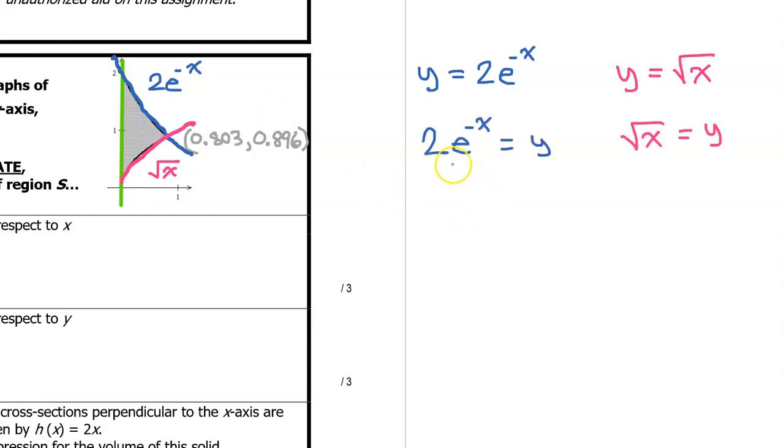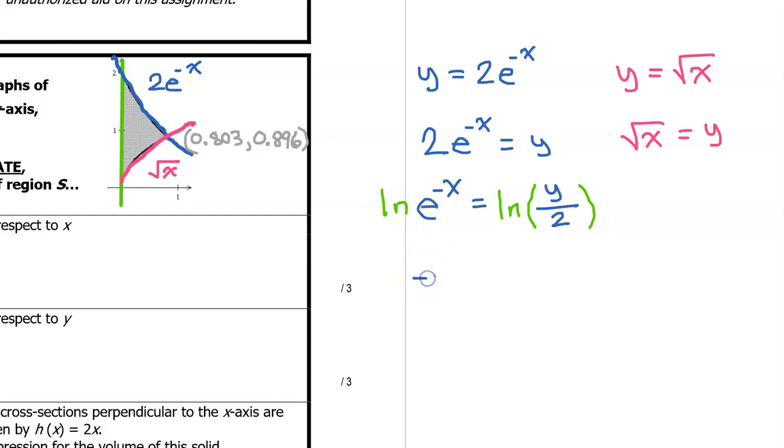Now let's solve the blue equation for x. Dividing both sides by 2, we have e to the negative x power is equal to y divided by 2. If we then take the natural log of both sides of the equation, the natural log and the base e cancel each other out.